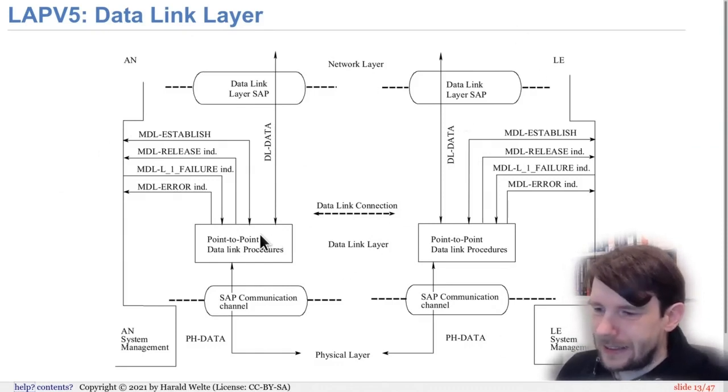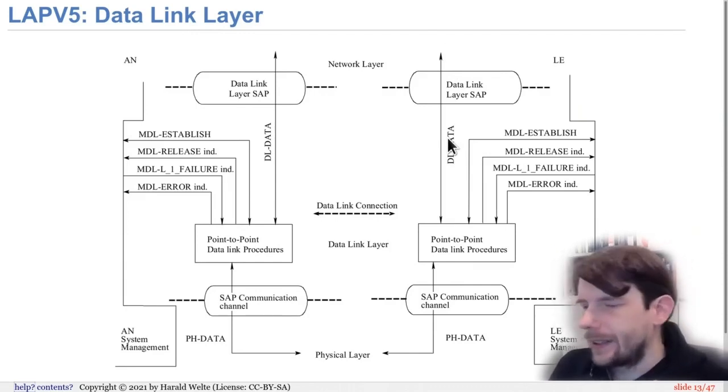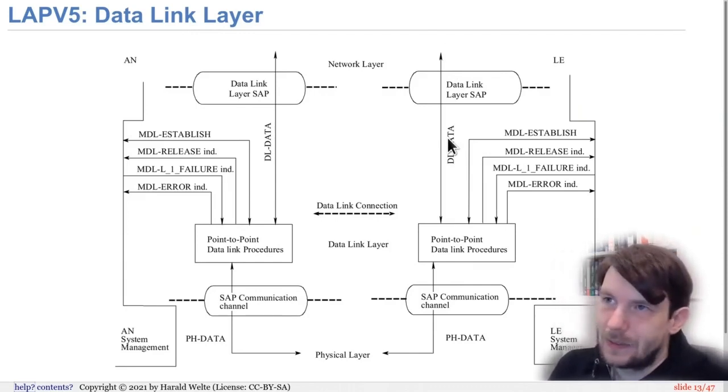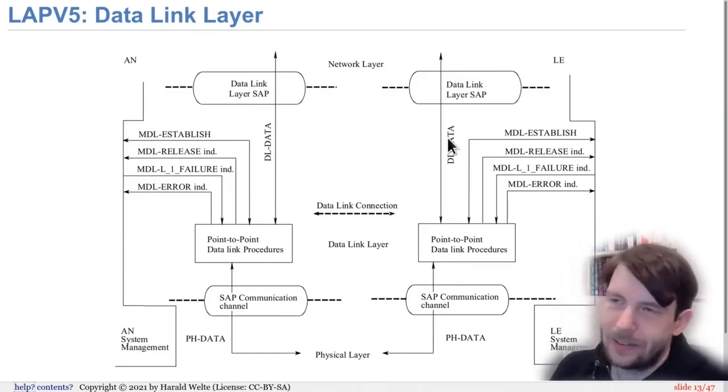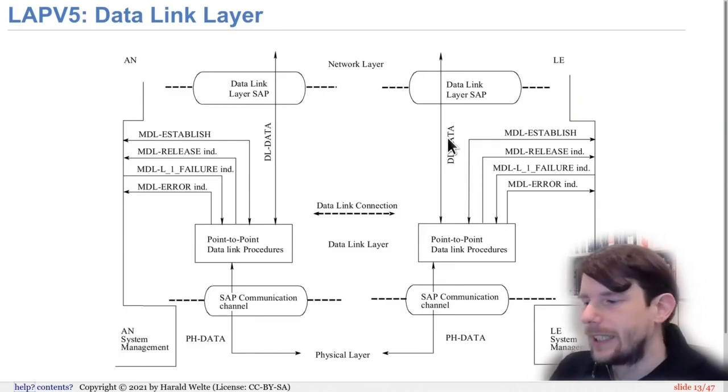The data link layer instances that we have here, the point-to-point data link procedures, and this service access point towards the higher layers, make sure that there is a guaranteed delivery of messages. So in case a message is lost or is not acknowledged, it will be retransmitted, with a kind of window of unacknowledged messages.